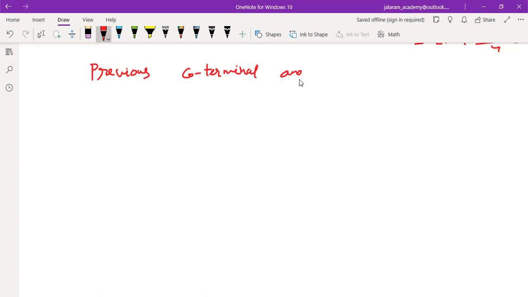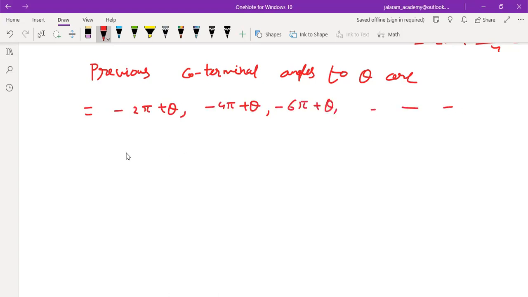Previous coterminal angles to theta are given by minus 2 pi plus theta, minus 4 pi plus theta, minus 6 pi plus theta, and so on. In short, we can write minus 2n pi plus theta, where n belongs to natural numbers again.